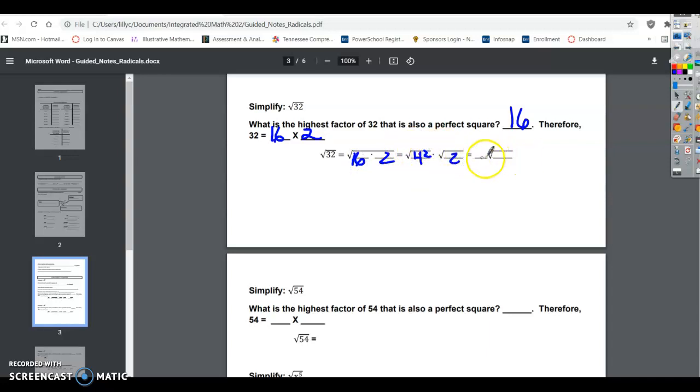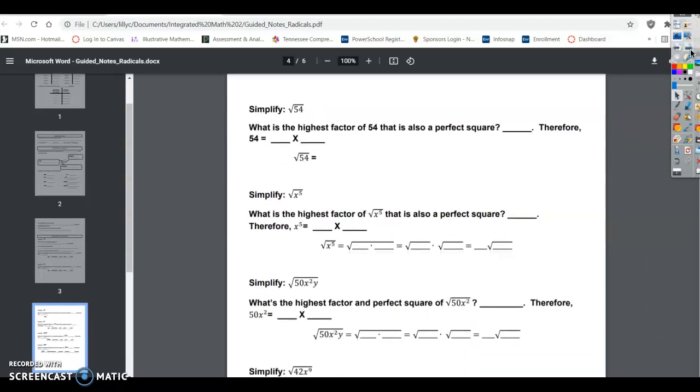And the square root of 4 squared is 4 square roots of 2. So the square root of 32 is equal to 4 square roots of 2. Those two are equivalent, okay? This one is just a simplified version. When it asks us to simplify, that's what we're doing, rewriting it in a simplified term.